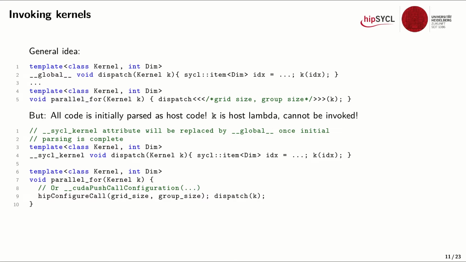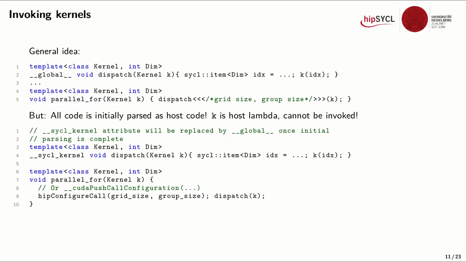So what we do is we add a dummy attribute SYCL kernel, which will only be replaced by a proper global kernel attribute once the initial parsing is complete and the hipSYCL plugin has taken over. So this means that the dispatch function, when initially parsed, looks to clang just like a regular host function.